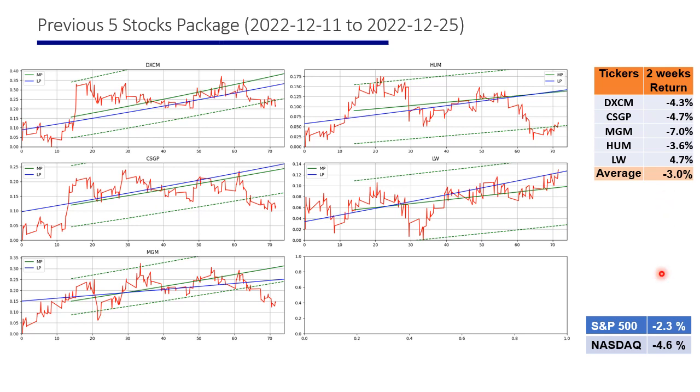Compared to the market, S&P 500 was minus 2% and Nasdaq close to minus 5%. So with this package we are more or less at the same level as the market. And here you can also see the price changes. The price changes after these 60 days are the price changes during the last 2 weeks.